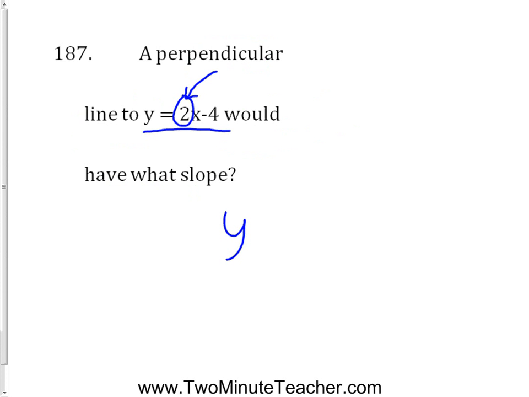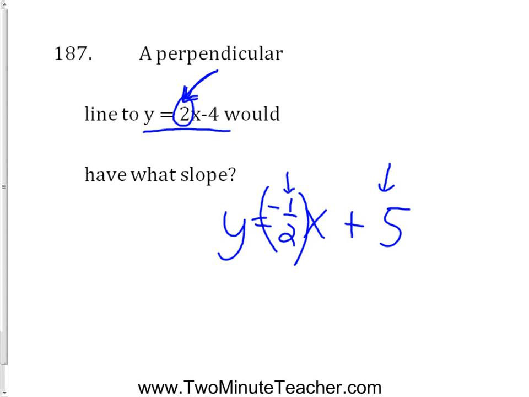Any equation with the slope, and the slope always goes there, right? I don't even care what this number is, because I can have a y-intercept or whatever I want. To be perpendicular to this line, I'd need an opposite reciprocal of 2, which would be negative 1/2. So negative 1/2 is the slope I would need to answer this question.